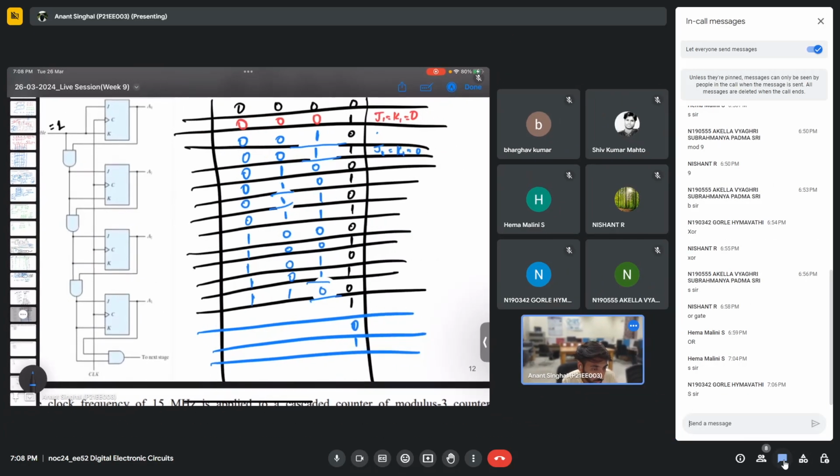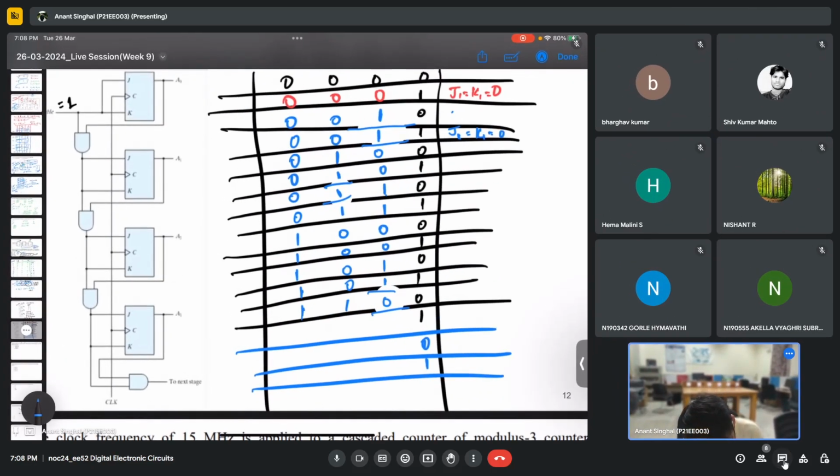This will remain the same. This will remain the same. Again, this will toggle. This will remain the same. This will remain the same. And finally, 0, so it will remain the same.